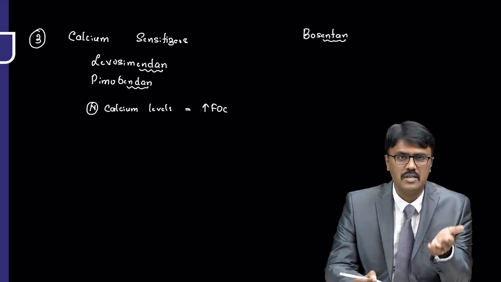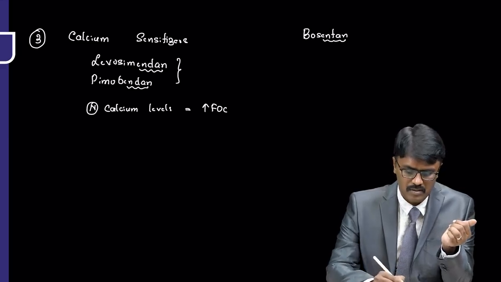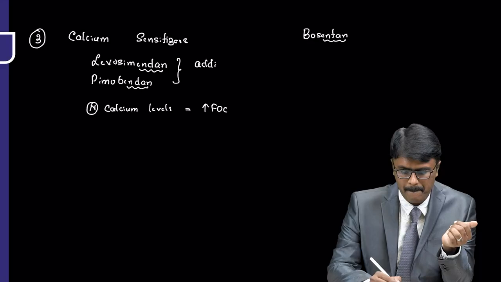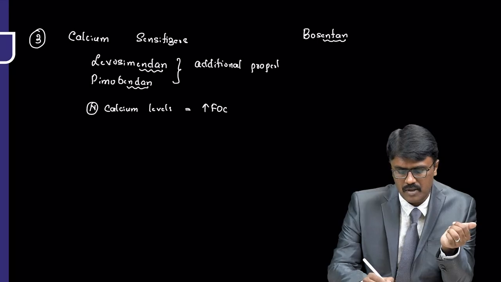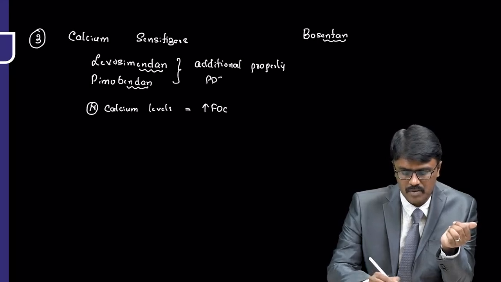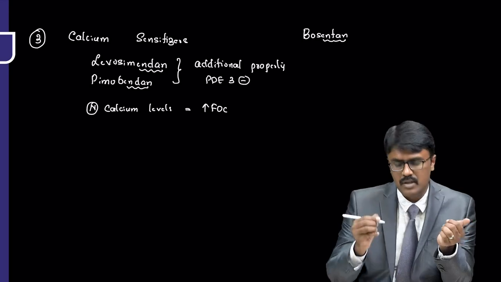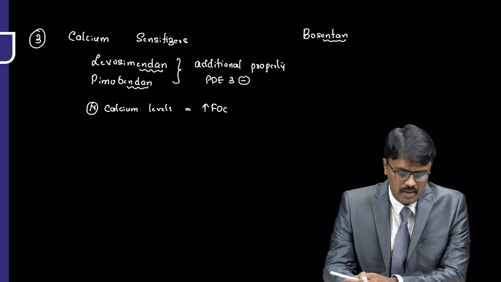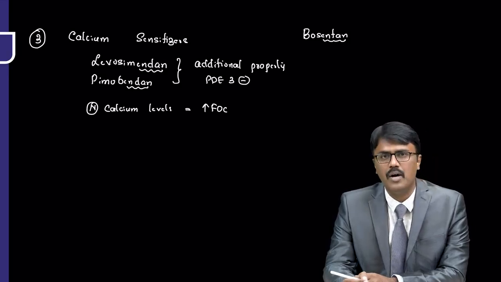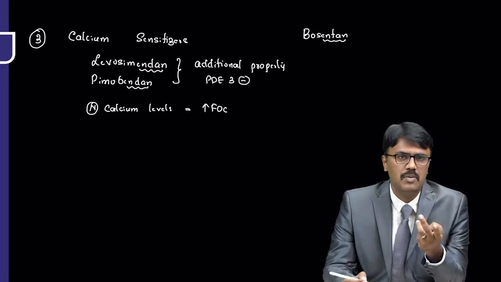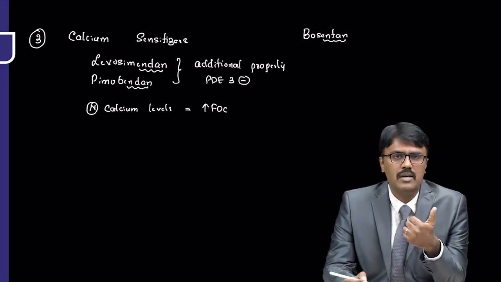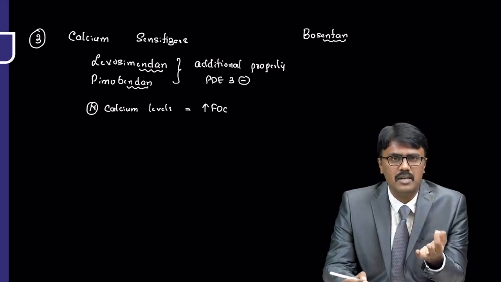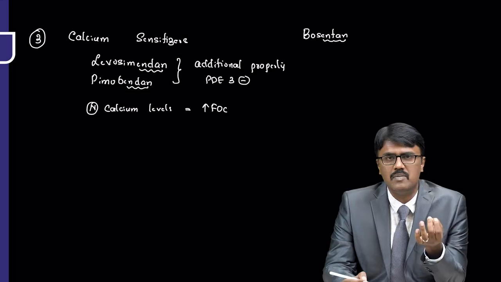So these are calcium sensitizers, and an additional property is that they also inhibit the enzyme phosphodiesterase 3. So they are also phosphodiesterase 3 inhibitors, so we can also call them ionodilators, and the names are levosimendan and pimobendan. So until now, we studied three groups of drugs which can increase the force of contraction: beta 1 agonists, phosphodiesterase 3 inhibitors, and number 3, calcium sensitizers.